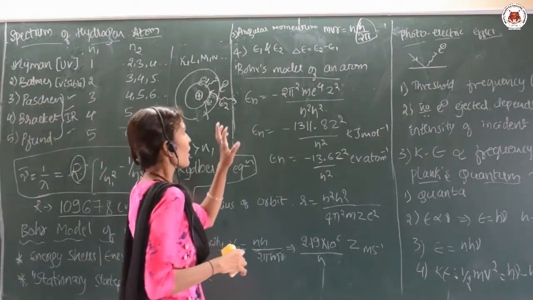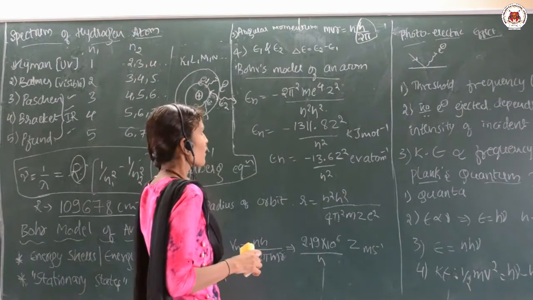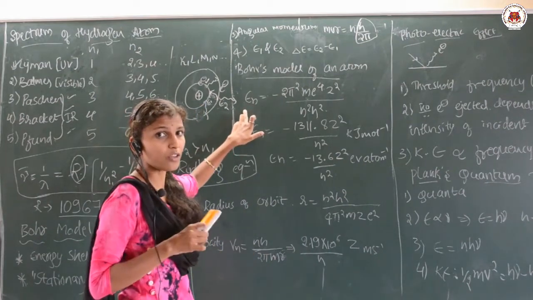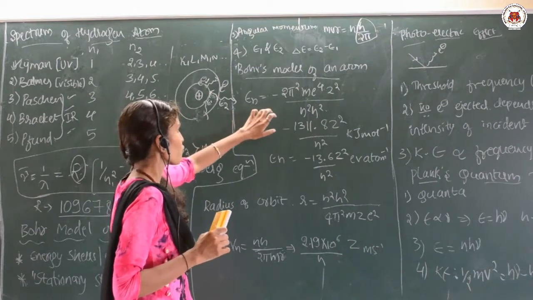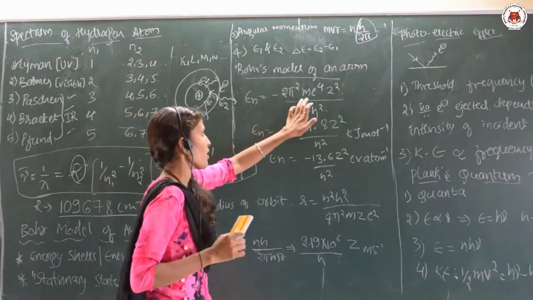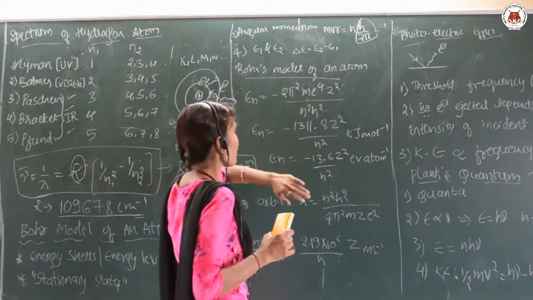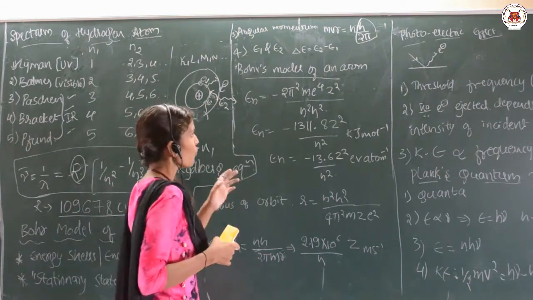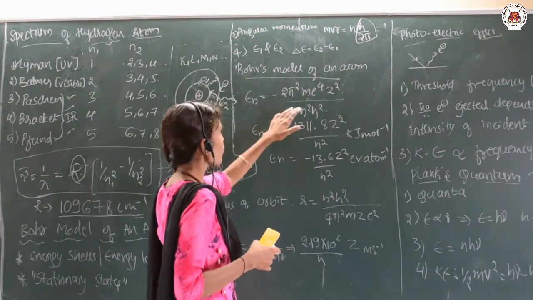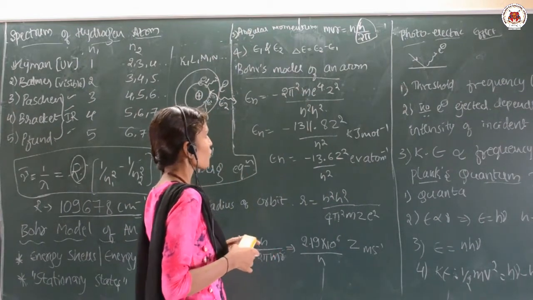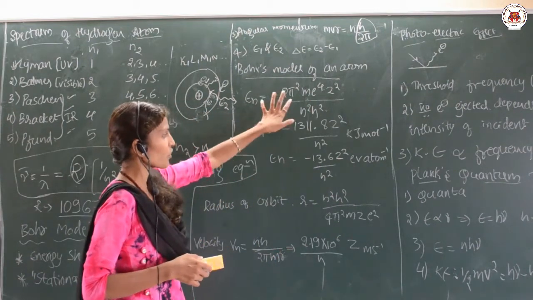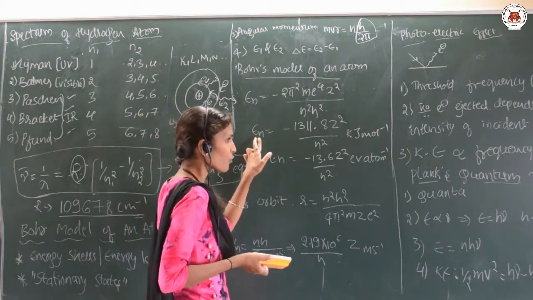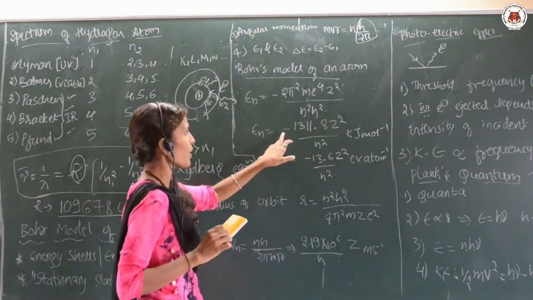So next, according to Bohr's atomic model, the energy of an electron in the nth orbit, En, is equal to minus 2 pi square m e raised to 4 z square divided by n square h square. So when we substitute the values of the mass and charge of the electron, and all the other values, the energy of the electron in the nth orbit will be this much.